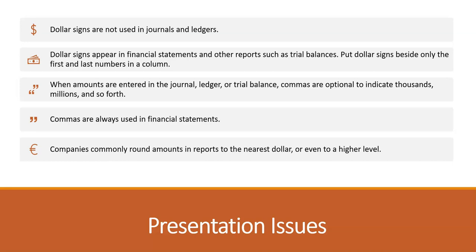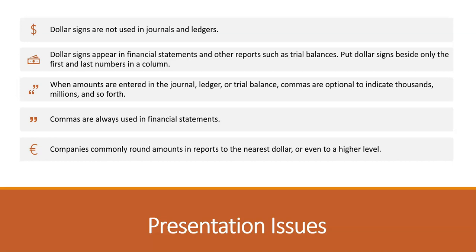When amounts are entered in a journal, ledger, or trial balance, commas are optional, but generally used. Commas are always used in financial statements. We commonly round to the nearest dollar for our financial statements. So we'll record our pennies and cents in the ledger and the journal entries.